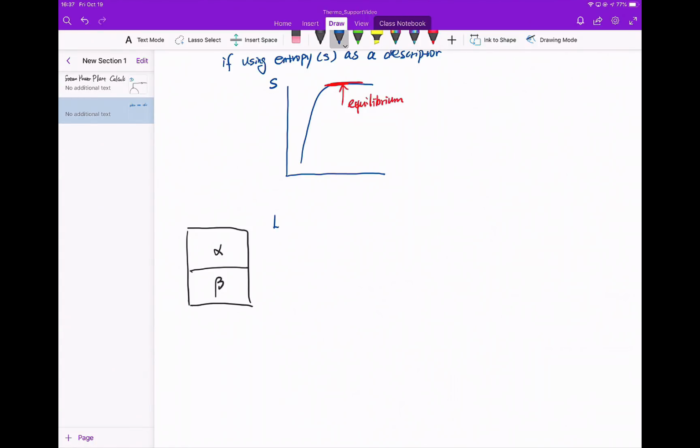We said let's consider a container at equilibrium. While it's at equilibrium, we are not going to have any exchange of energy or components.